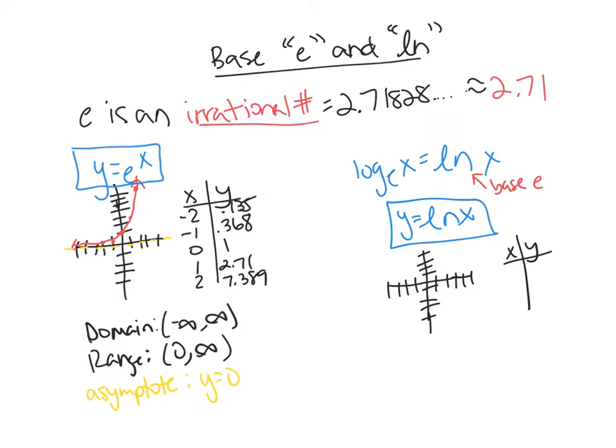If we plug in some easy numbers, and natural log is a button on your calculator, it is an operation. If we plug in the natural log of 1, we will get 0, so we have (1, 0). If we plug in 2, natural log of 2 is about 0.69. And if we plug in 3, we get about 1.09.